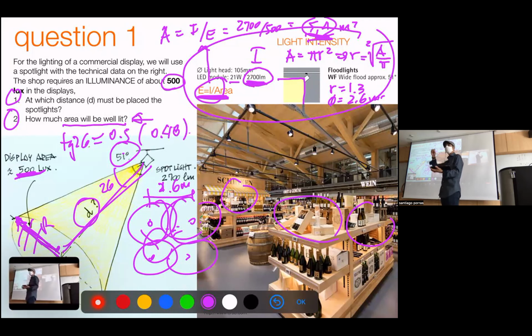With that, we see the distance we have to put the lights to have this kind of illuminance, right? Which will be nearly 2.7 meters, 2.6, right? So the data were done just to have the same distance between lamps and from the lamps to the object, right?